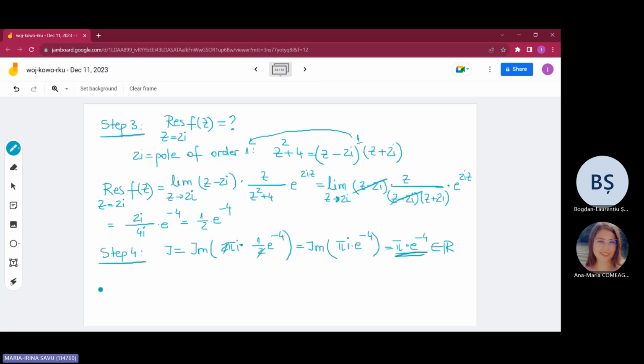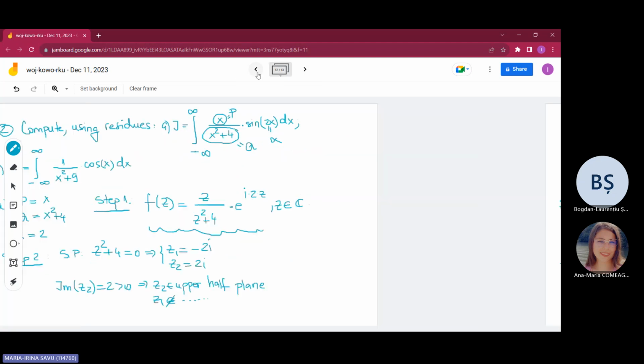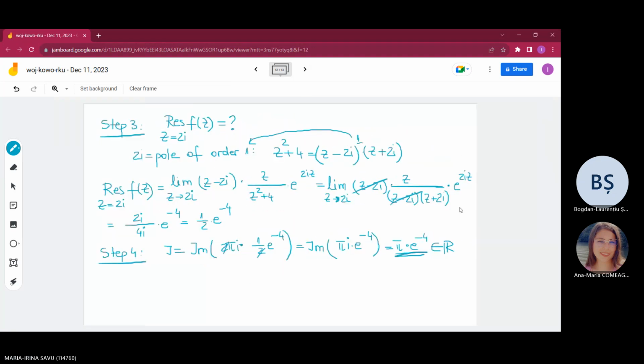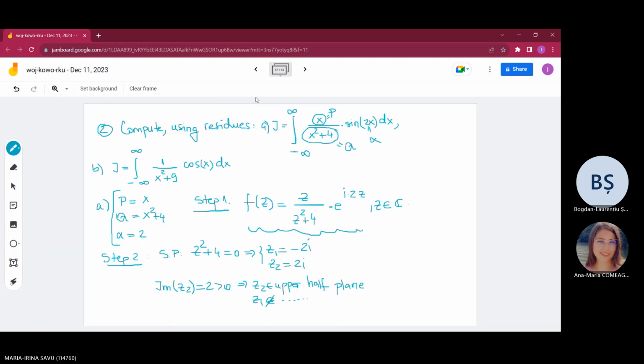Okay. What should you do at point B? The same. I mean, identifying P, Q, and alpha.